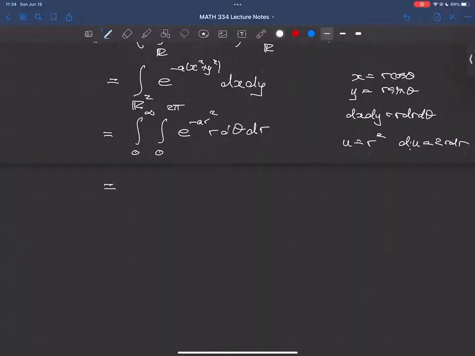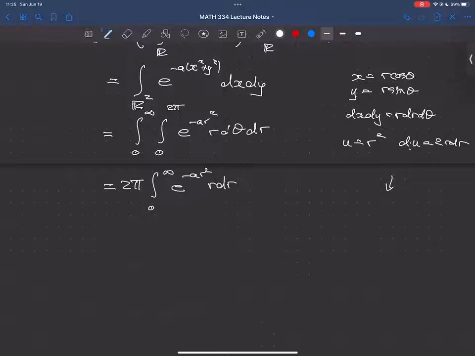I am going to use that change of variable, but I'm going to actually use it after I do the integration by theta, because I can just do that directly. So this is 2 pi, integral from 0 to infinity, e to the minus a r squared r dr.